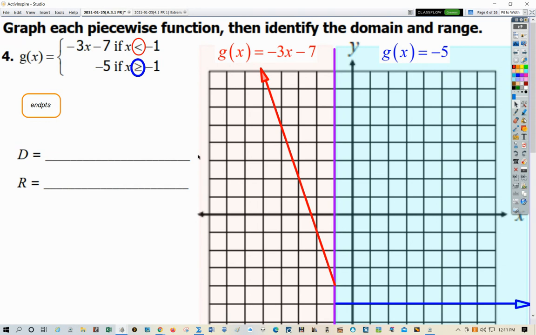Open or closed endpoint? If the red piece is defined where x is less than -1, it doesn't include -1 for a value. So it's got to be open, doesn't it? Everybody see that? That's correct. The red endpoint has to be an open one.